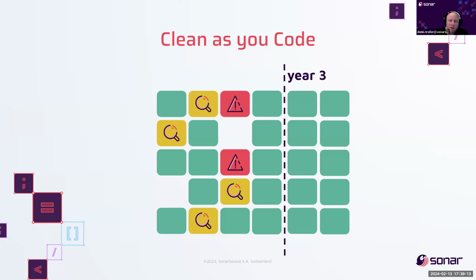So from that fact, you can assume that if you apply this method, in 5 years, 50% of your code will be clean. And we actually apply that every day at Sonar, and we can tell you it works.